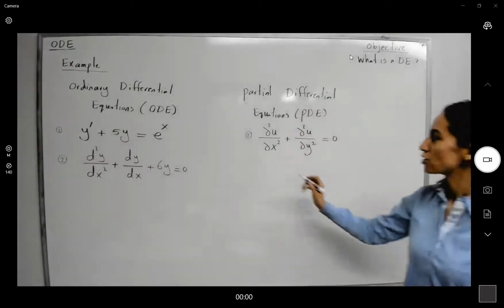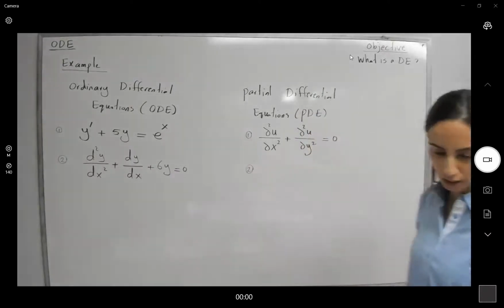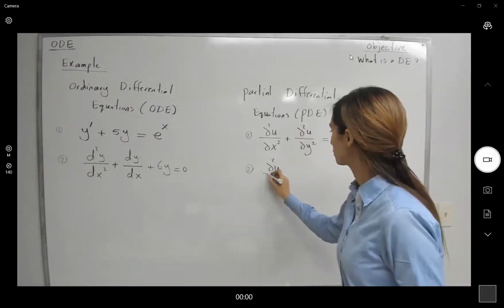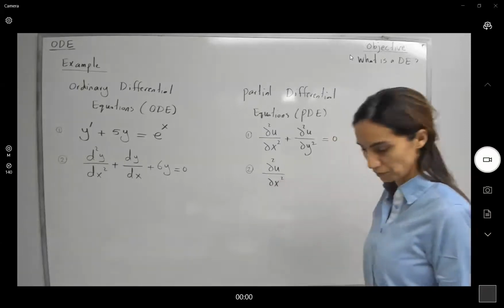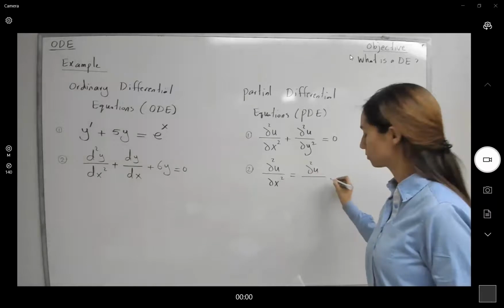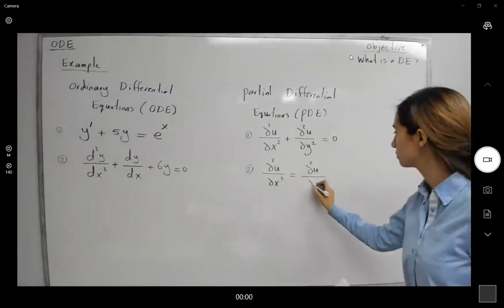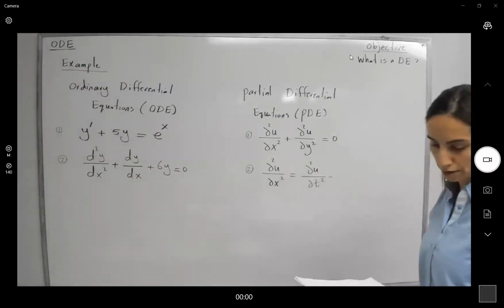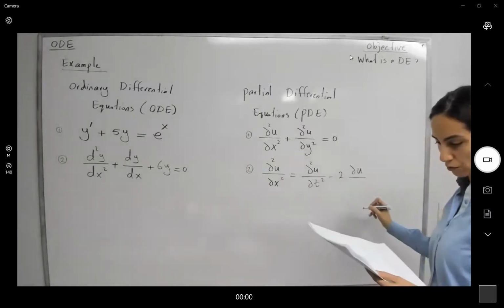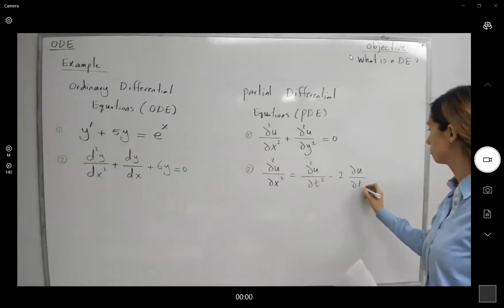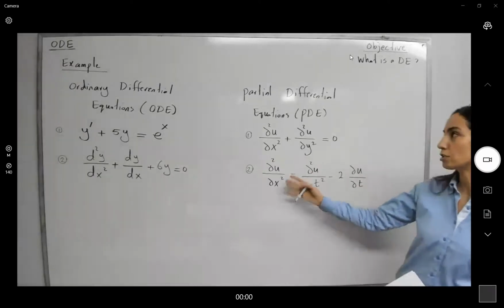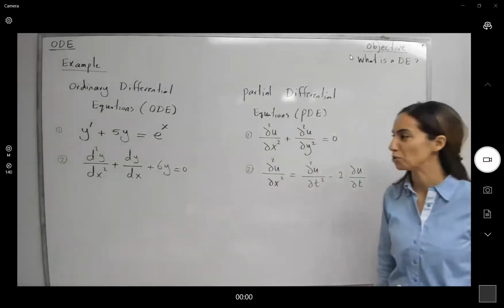Another example of partial differential equation, well, here we have the second derivative of u with respect to x is equal to the second derivative of u with respect to t minus 2 the first derivative of u with respect to t. Partial derivatives, and you have an equation, so partial differential equation.